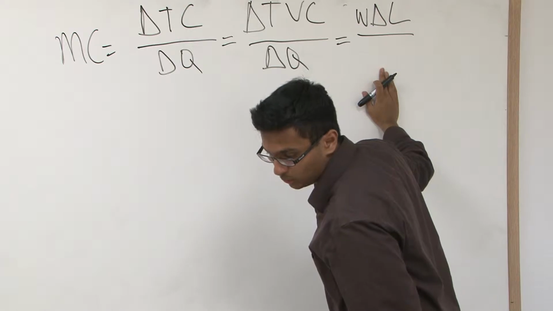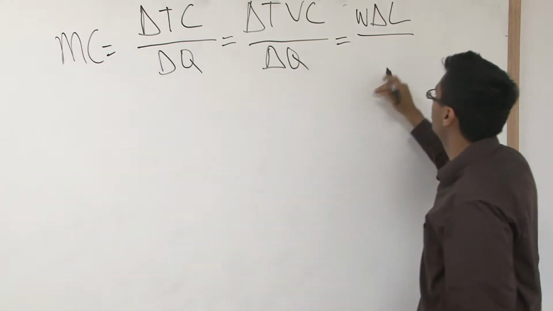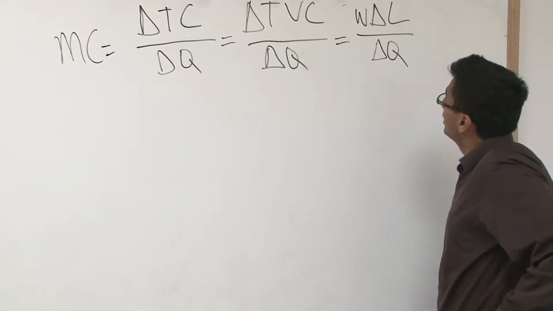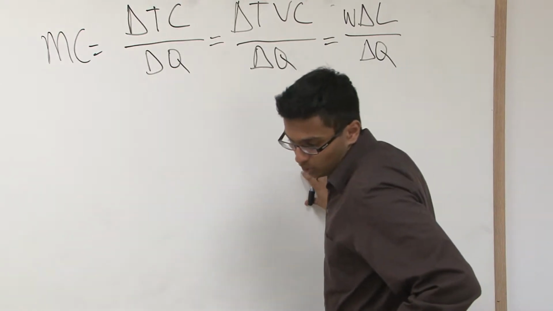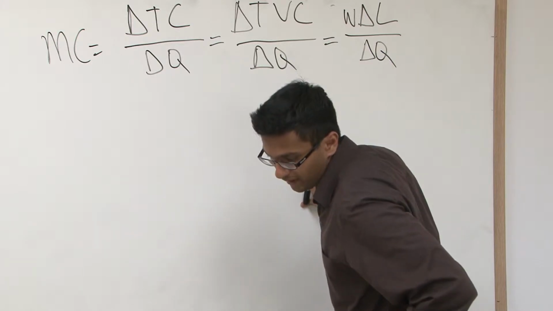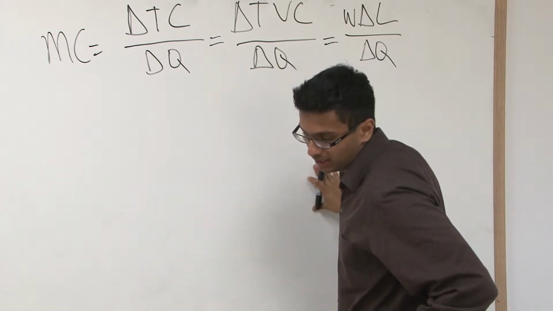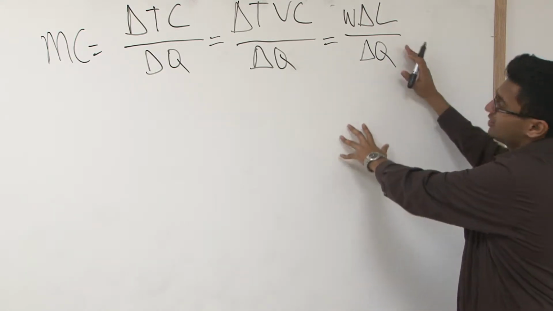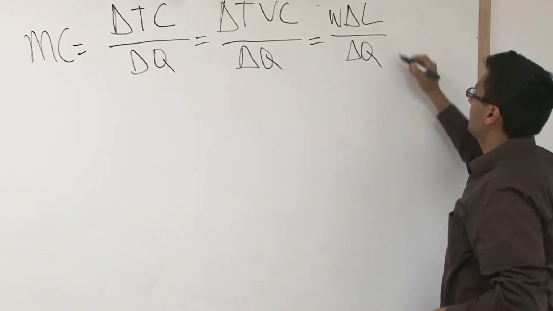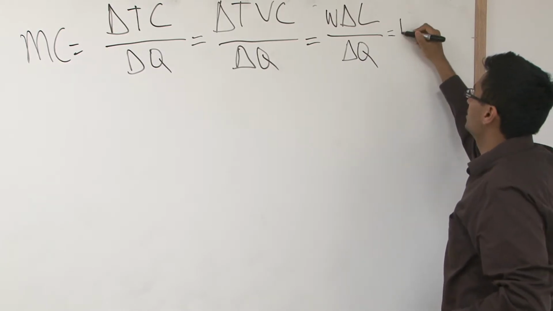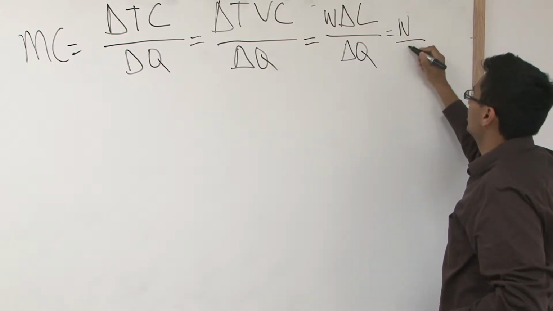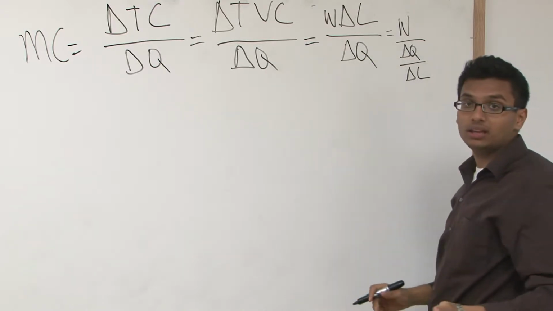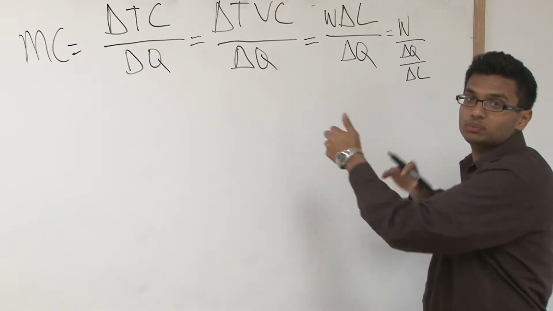And then you take this same thing and say it's divided by Q. Now, the way you manipulate it to your advantage is simple algebra, guys. This is also equivalent to W times delta L over delta Q, which is the same thing as W times delta L over delta Q inverted, because when you divide something, you multiply by the inverse.